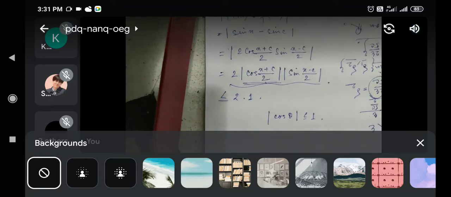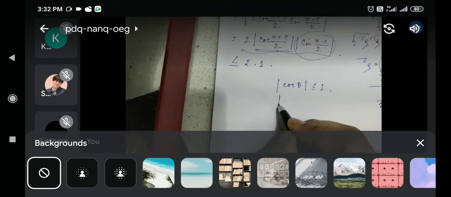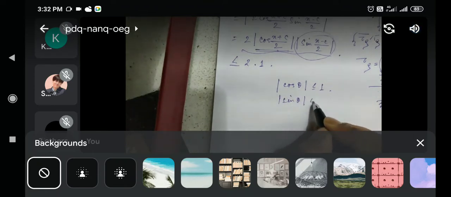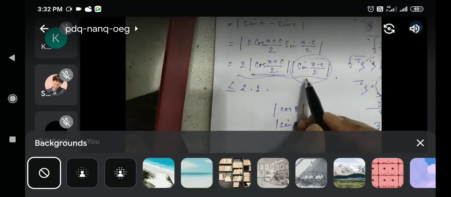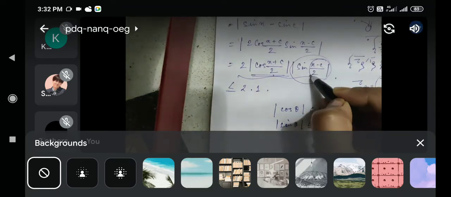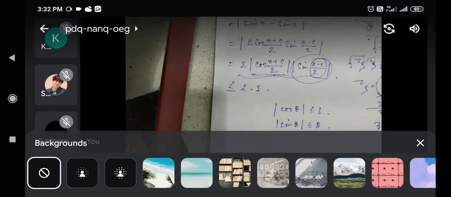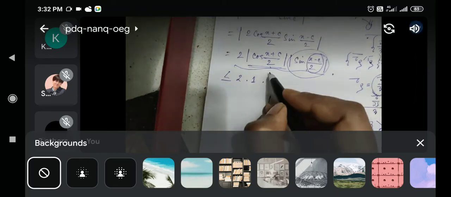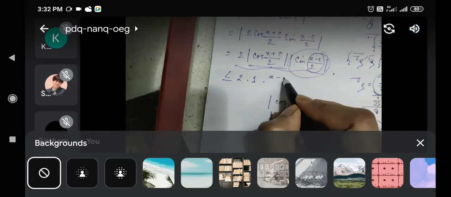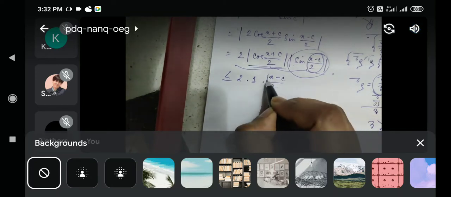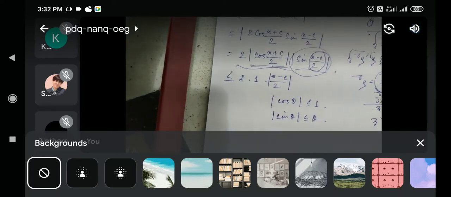Okay. Again we know that another formula, |sin theta| is always less or equal to |theta|, right? So from here what we can write, this is our theta part. So we can write |sin((x-c)/2)| will be less or equal to |(x-c)/2|. It's mod. Okay.